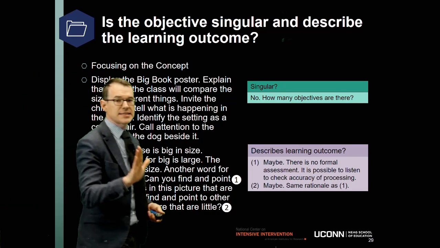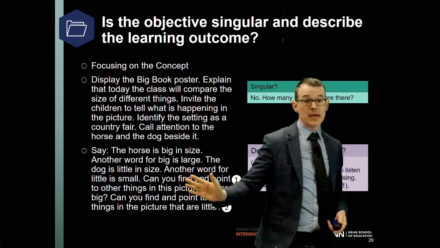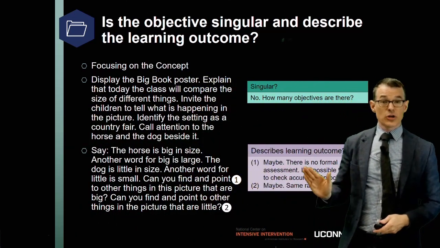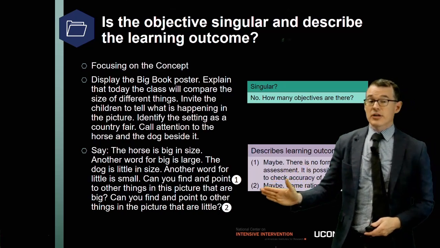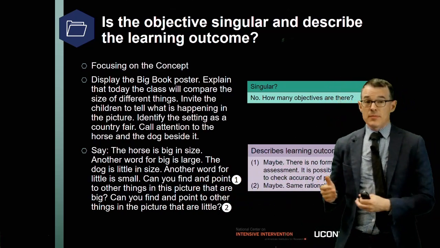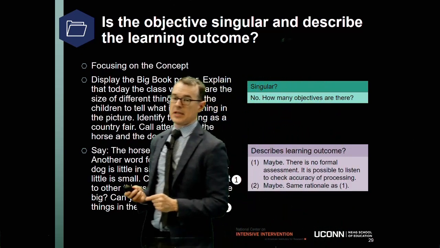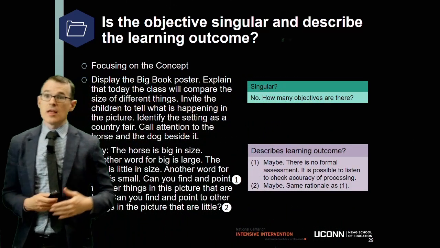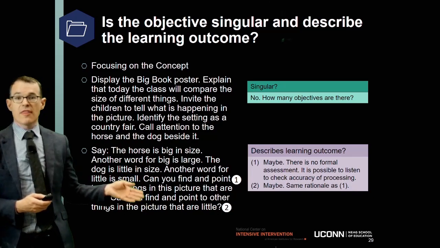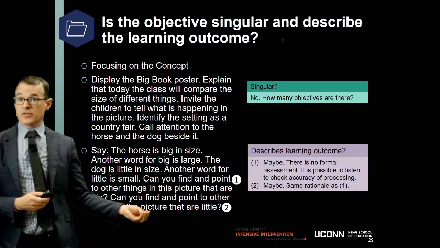If we want an assessment of whether or not students know big or know small, we could design one, but it's not clear here how you're going to assess it. Maybe the teacher could listen to students do it or something like that, but there's no clear assessment here. And if we want students to have an objective, then we need to make sure that there actually is a way to measure the objective.